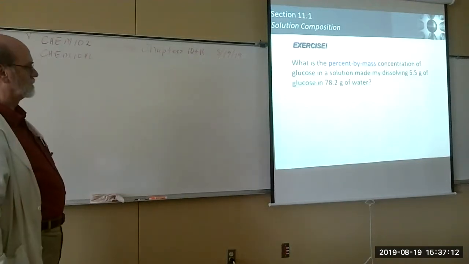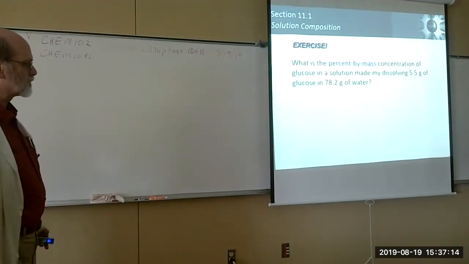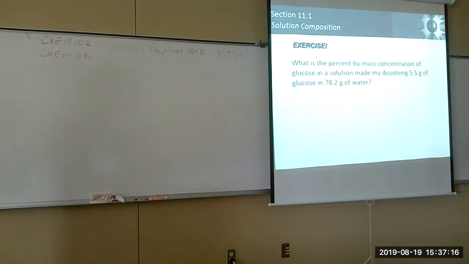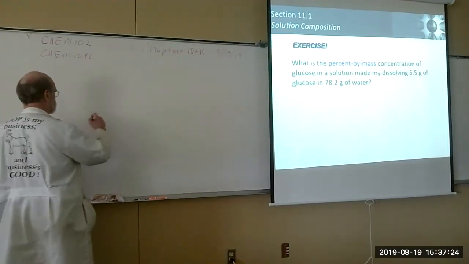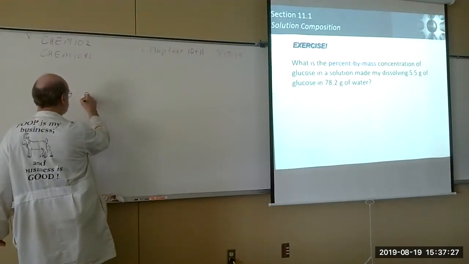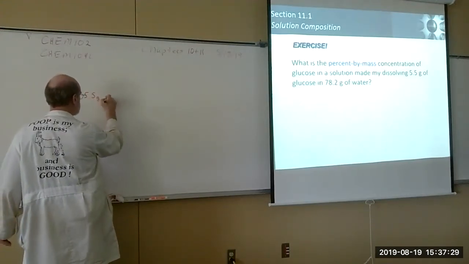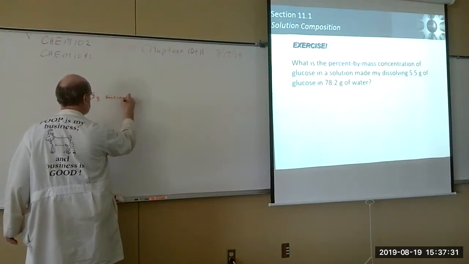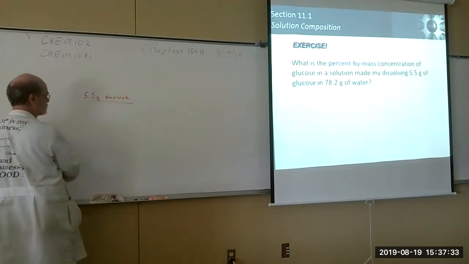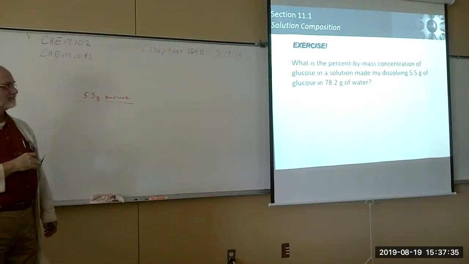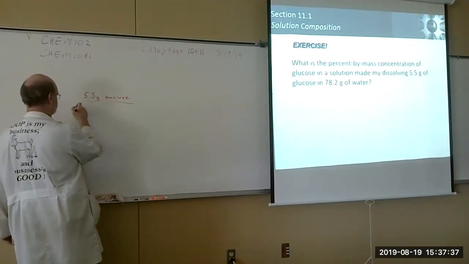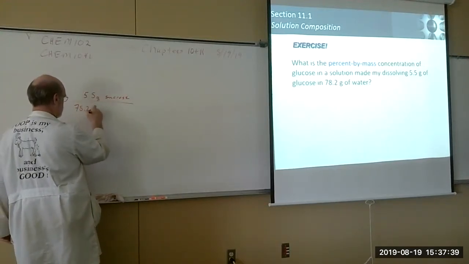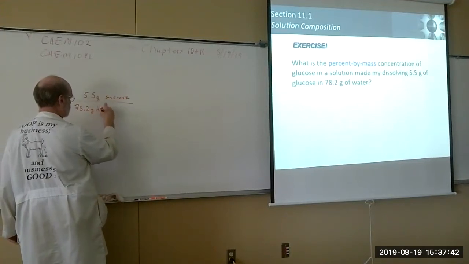Mass percent, that definition. What's the percent by mass of glucose when you put 5.5 grams in 78.2 grams of water? Okay, so what's the mass? 5.5 grams of sucrose. What's the total mass? That's just the water, right?